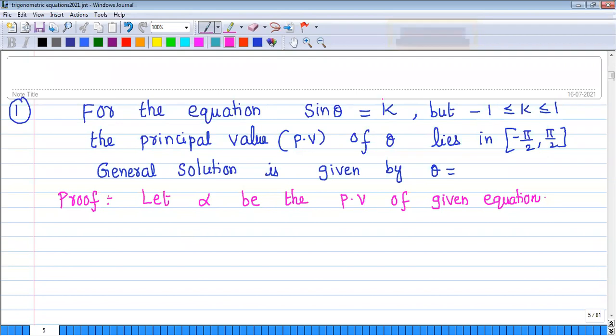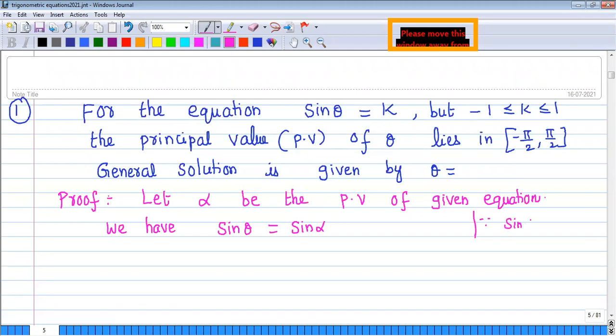So that means now we can say that sin theta is equal to sin alpha, since alpha is the principal value, so alpha satisfies this equation. Alpha satisfies this equation means sin alpha is also k. That means instead of k, I have written sin alpha. Bring sin alpha this side. Then what do you get? Sin theta minus sin alpha is equal to 0. Am I correct?